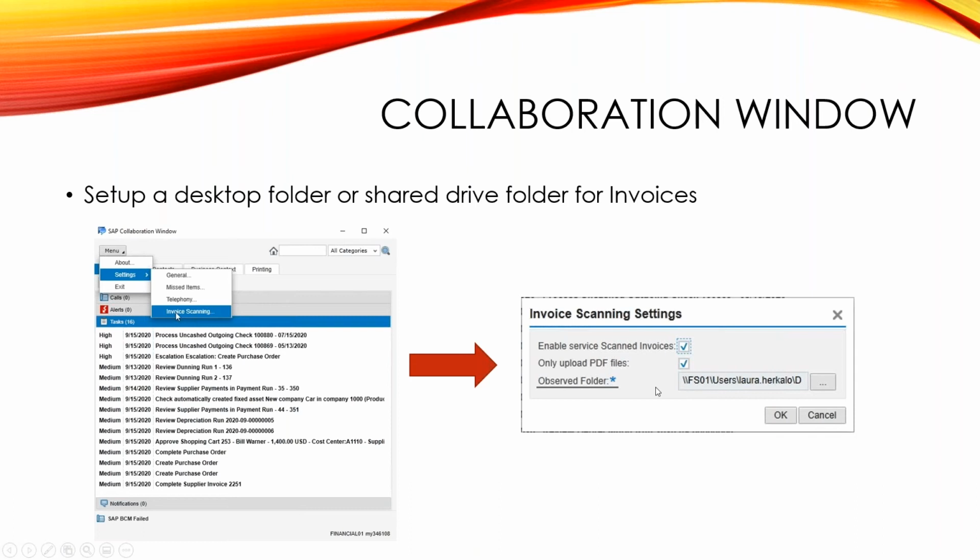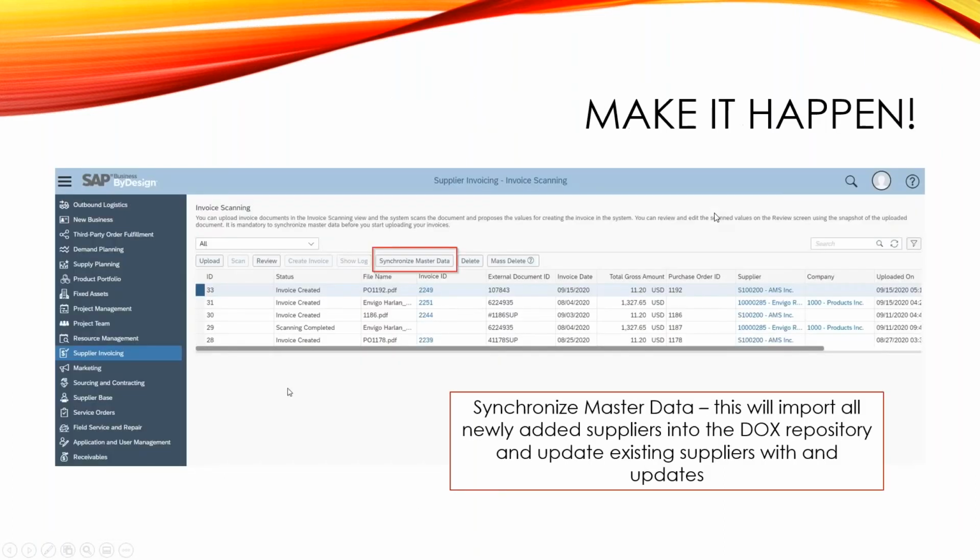And then you'll map that observed folder, that folder that you just created, or whatever your shared drive folder is, so the system knows where to look to find those PDFs. All right, and that's it. Very simple, easy peasy. Not much else that you have to do to get this working.